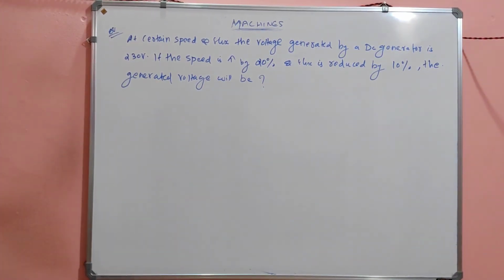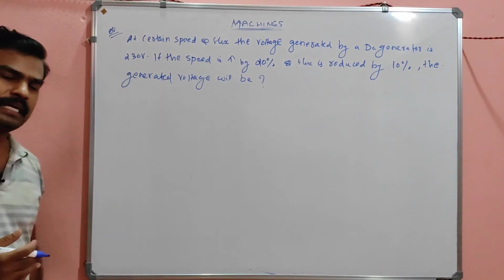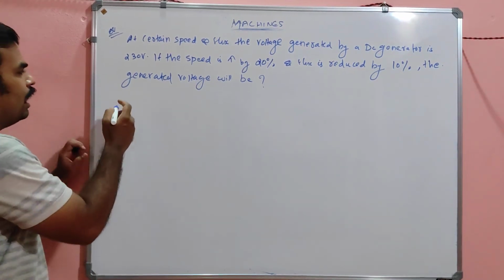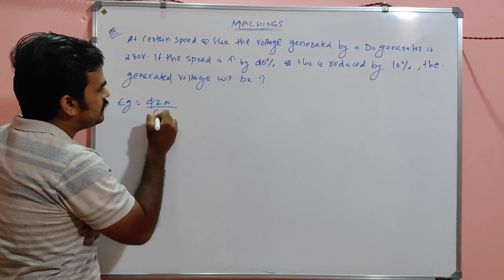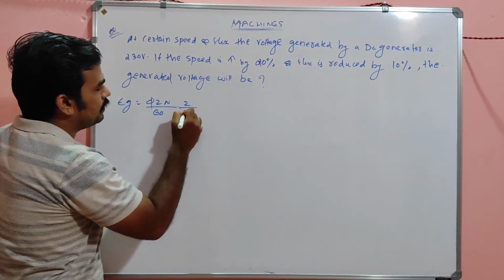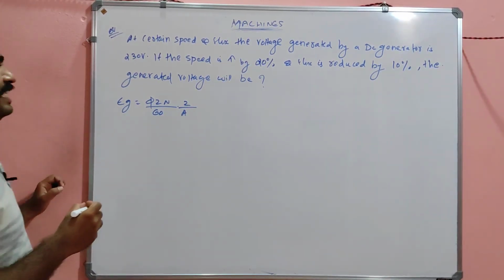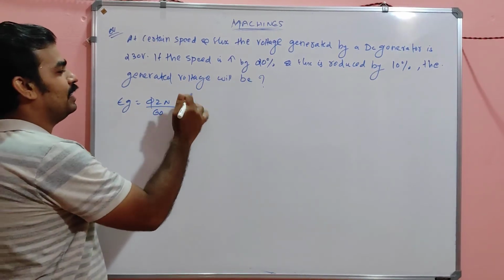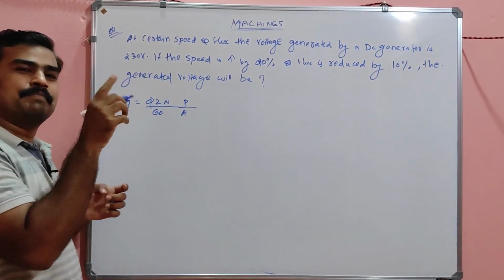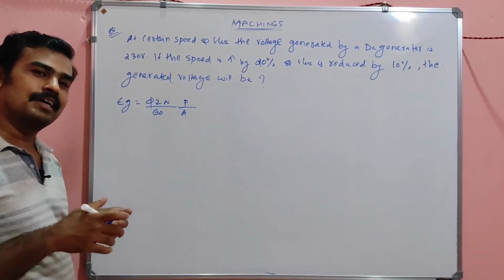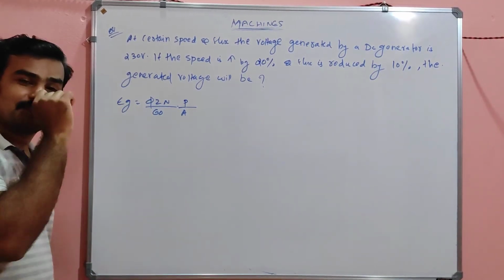So if the speed is increased by 20% and the flux is reduced by 10%, the generated voltage, that's what we have to find, my dear. We have Eg equal to phi Z n by 60 into P by A. If you know this relation, 30% of DC machine you have learned.